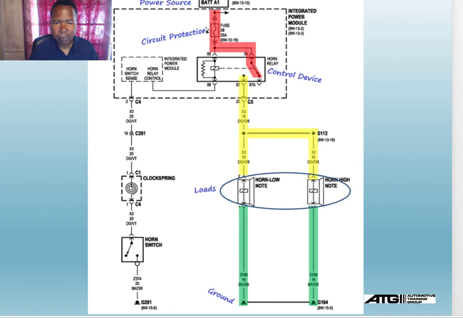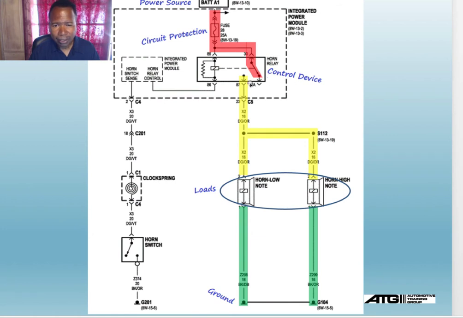Here's my voltage supply going through a switch that's normally open, which is normal. Once the side engages, it pulls the switch over. It's going to send voltage to both horns, to ground, and the horns go off. Again, this is a normal open circuit. My protection device, my power source, my control.